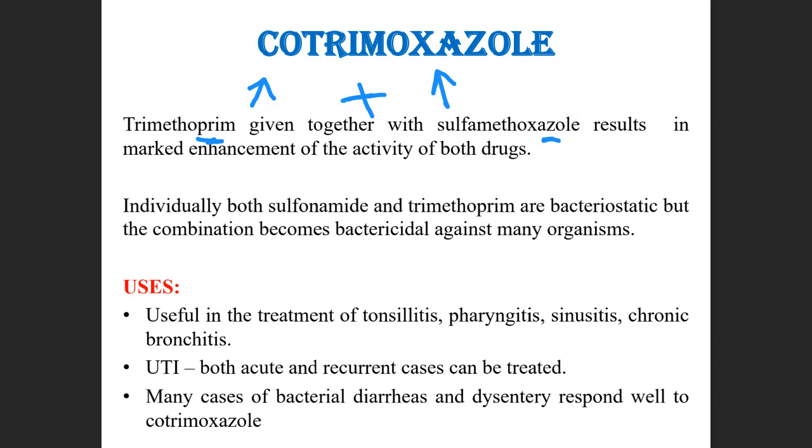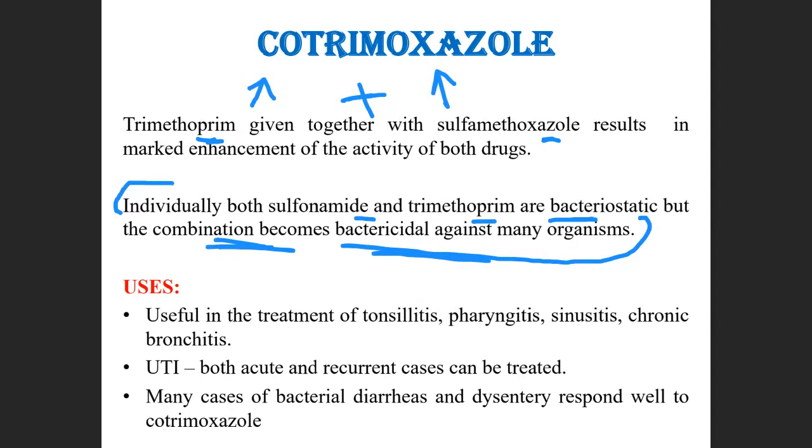So in two different mechanisms, these drugs are acting on the bacterial cell, and that is making the drug more powerful. Both sulfonamide and trimethoprim are individually bacteriostatic, but in combination this becomes bactericidal.